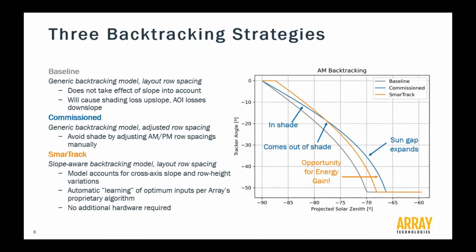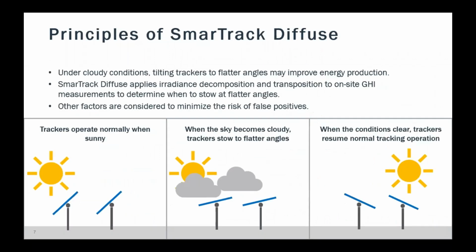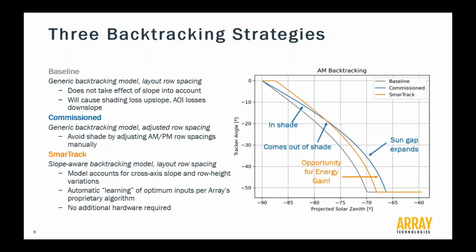Compared to the commission curve, it is at a shallower angle in the morning, which means that the commission curve was still experiencing some shading. At this crossover point, the commission case comes out of shade and then a sun gap develops, leaving some potential production on the table. So this is the source of, apologies, of energy gain for SmarTrack.